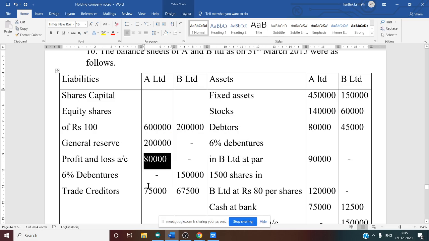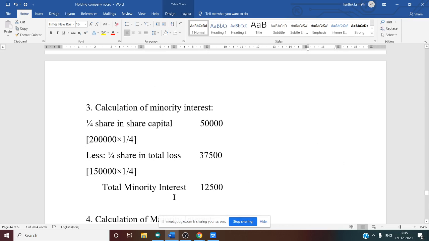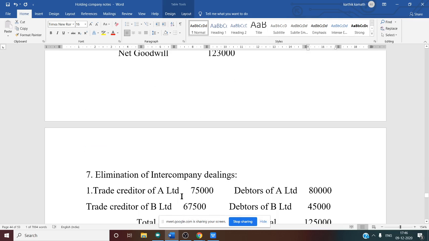P&L account of A Limited we know, that is 80,000. B Limited we have to see in the majority interest working note. Debenture we have already adjusted, that is 1,50,000 minus 90,000. The remaining amount is trade creditor, the combined amount. Then there is one more adjustment. So now we'll see the liability side.